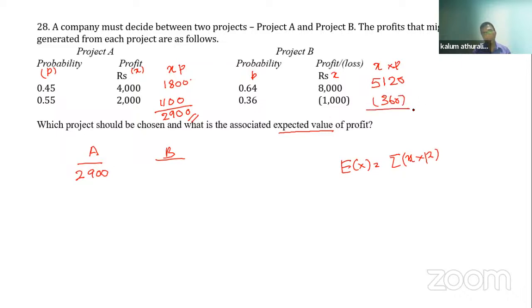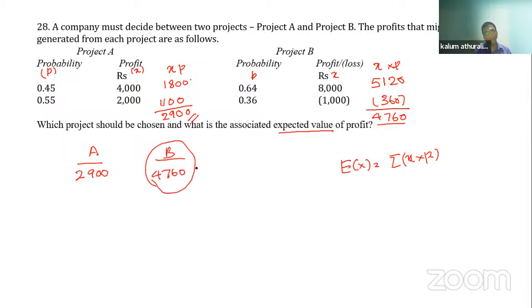So the total is 4,760. The expected value of project B is 4,760.